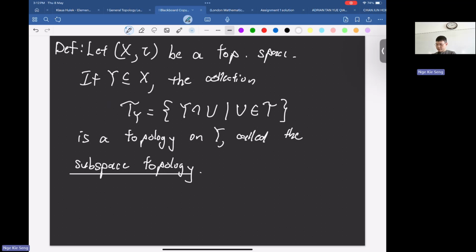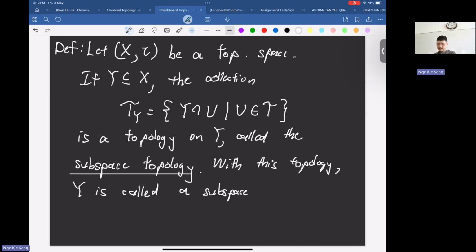In this case, with this topology, Y is called a subspace of X. This is not a vector subspace, so be careful.